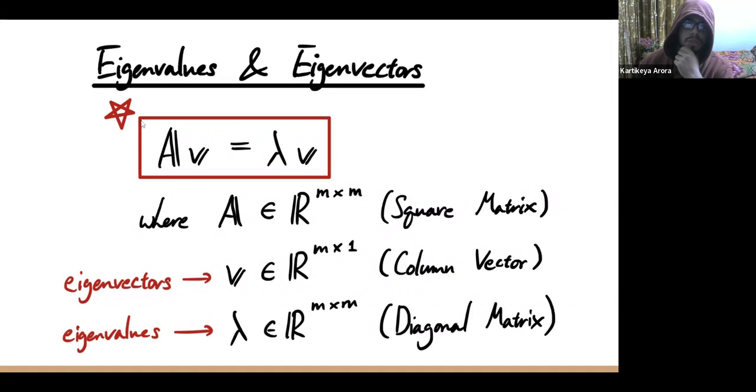For those of you who don't know, let's say we have a vector v, and we act an operator A on it. If we get the result in the form of lambda v, such that v is the same eigenvector and lambda is some number, then lambda and v are respectively the eigenvalue and eigenvector of the operator A.